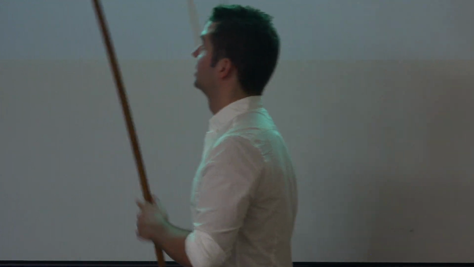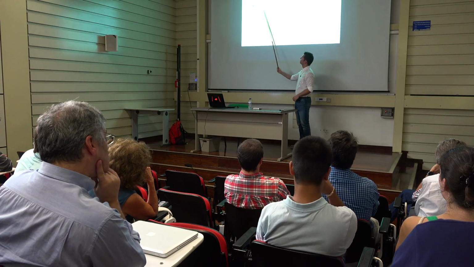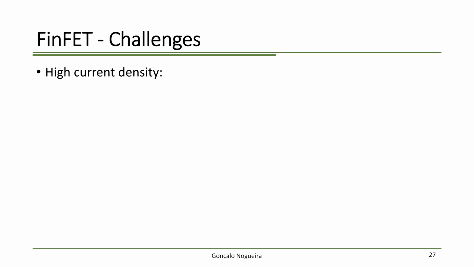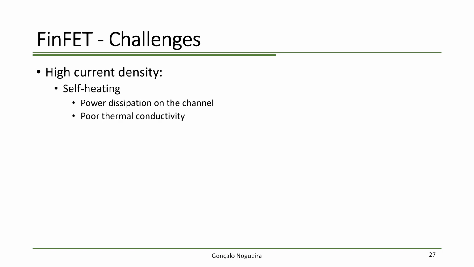So they start asking more and more, and you end up having high current density. So this high current density causes two main issues to the transistors. One of them is self-heating, which is caused by power dissipation on the channel, and also by poor thermal conductivity.